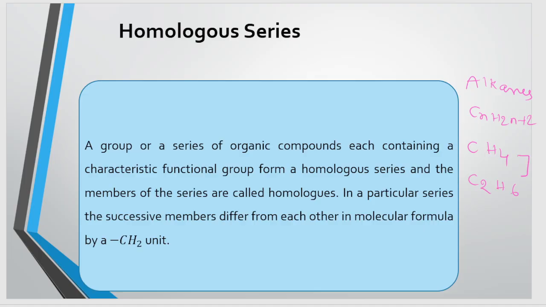The difference between these two is nothing but CH2, which differ by a CH2 group. Hence, these two are said to be homologous of a particular type of compounds. Here, they are nothing but the alkanes. Okay, and we can take the third member also here. C3H8 is the third member of that homologous series.